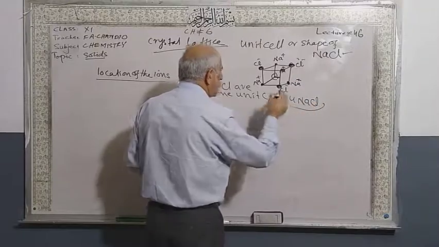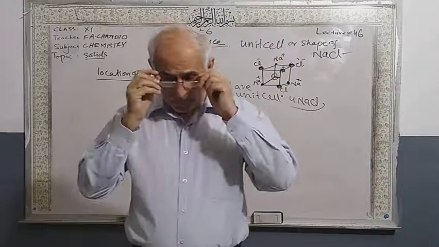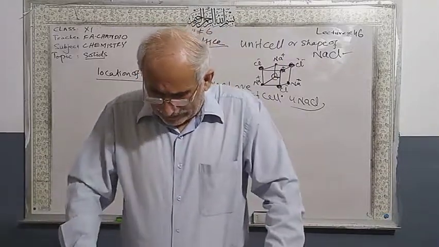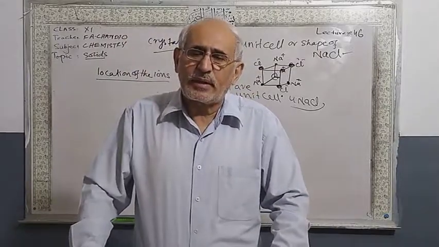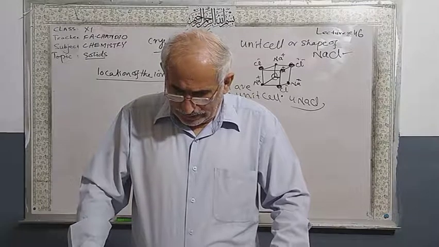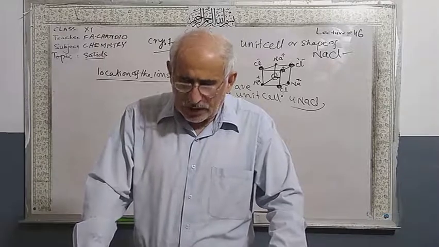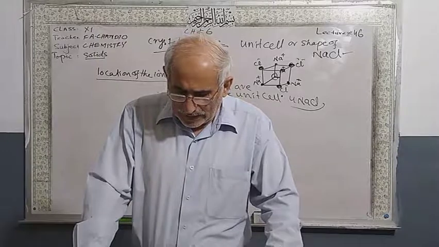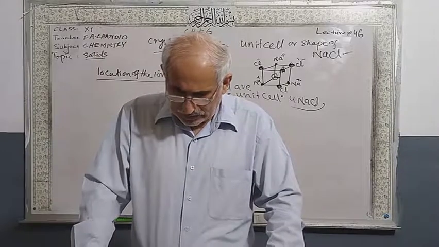There are 4. So we have to calculate. In sodium chloride, there are 8 chloride ions at the corners, at each corner of the cube. Each corner chloride ion is shared among 8 unit cells.